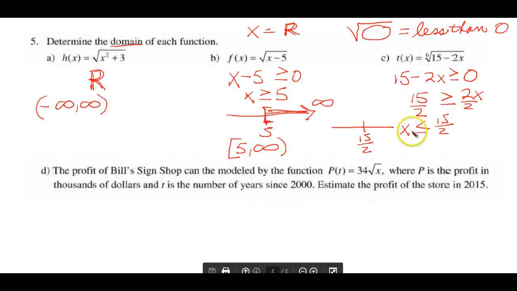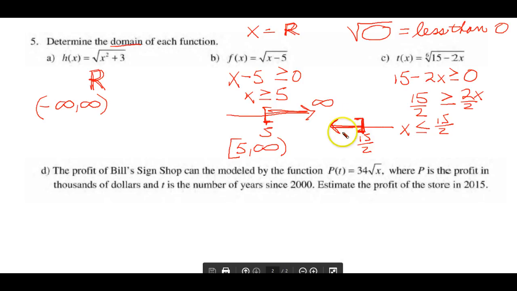Now if we plot this on a number line, we get 15 halves. Now what sign do we use here? Well, a bracket, but this time it's facing left because it's less than. And you might say, well, that doesn't make sense. All these numbers over here are negative, but I'll show you why it does make sense in a moment.